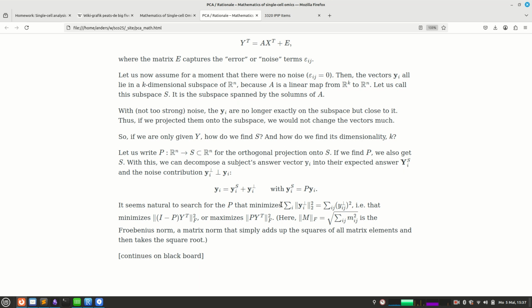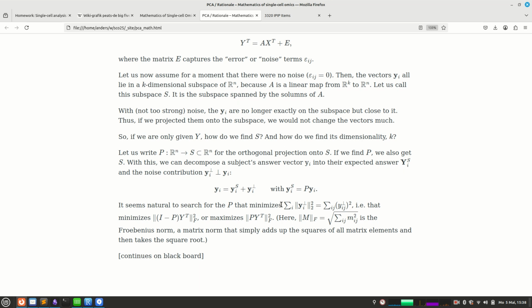So we look for a subspace S, a subset of R^n, and a projector into the subspace, a linear projector, such that the projection loss is minimal.